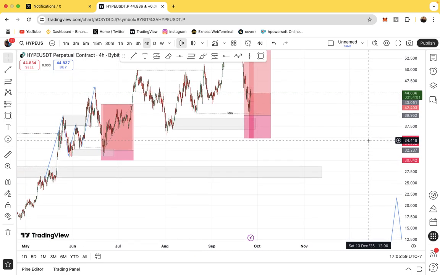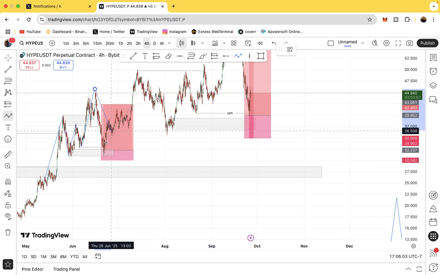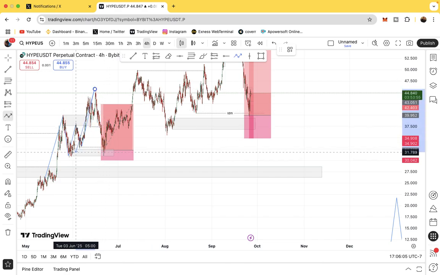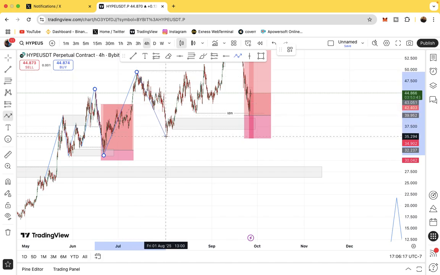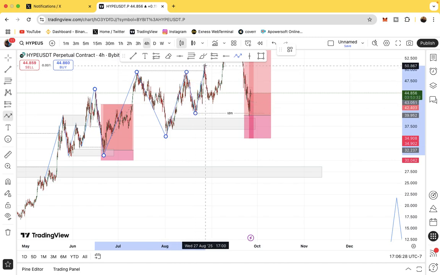Now you can see after the retracement, we took out all of the inducement liquidity, then we have another expansion to the upside. After the expansion, the market retraced all the way to this level, and after that we had a break in market structure at this point. After that break, it created an inducement for us at this level, then it continued going back up.